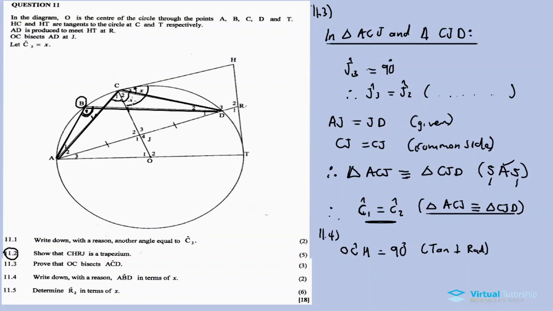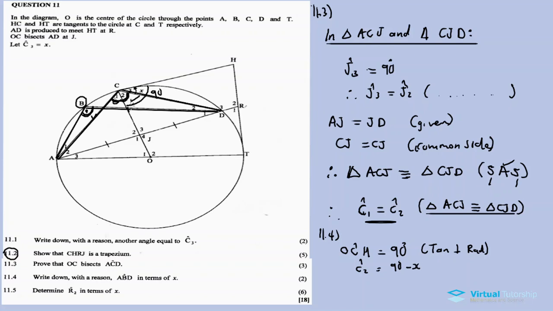I can calculate C2. We found C2 equal to C1. So C1 and C2 are equal, or angle ACD. Now look, since this angle OCH is 90 degrees, angle C2 is in fact equal to 90 degrees minus x, right?